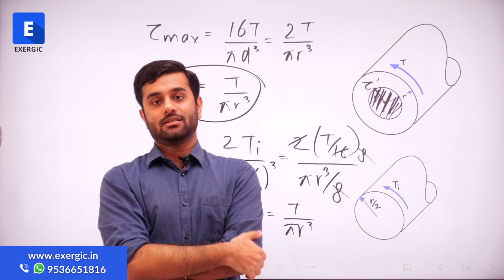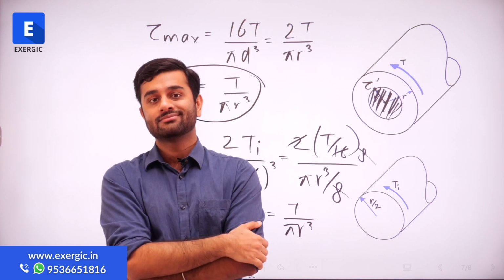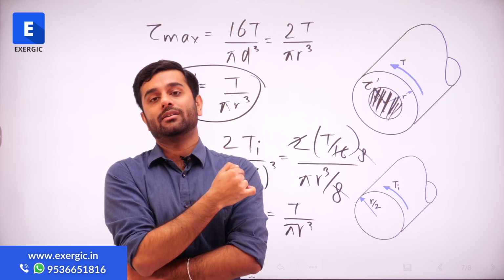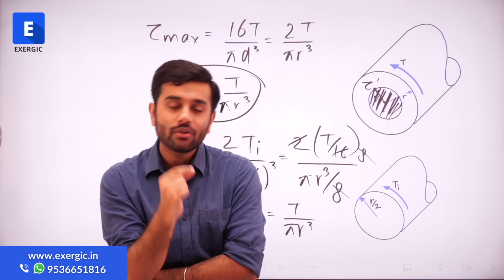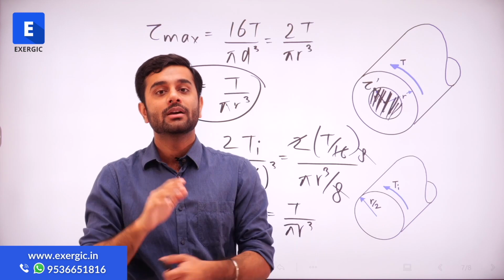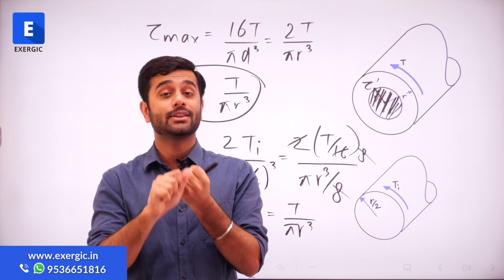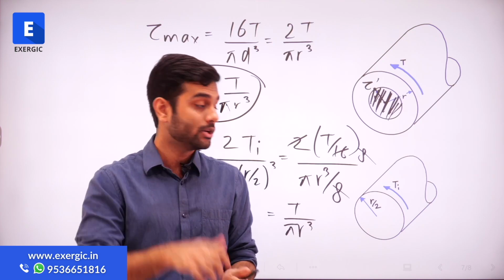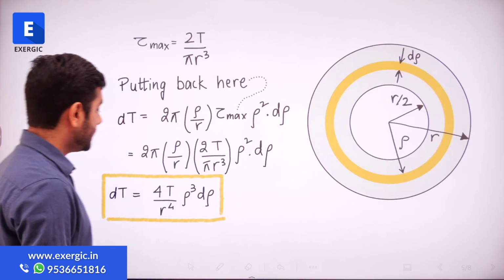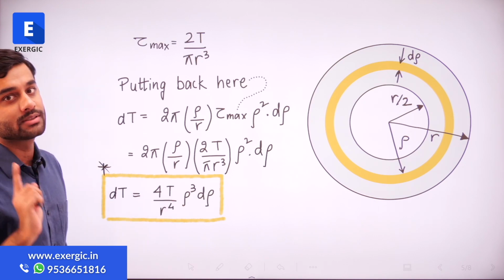But if question comes regarding variation of torque, like the question that I have shown you, then this is the way in which you can solve the question to get the answer. And since you have understood it completely, there are many theoretical questions on torque variation that you can solve right now. And as I told you, I would recommend that you remember and note down this expression in your notes.